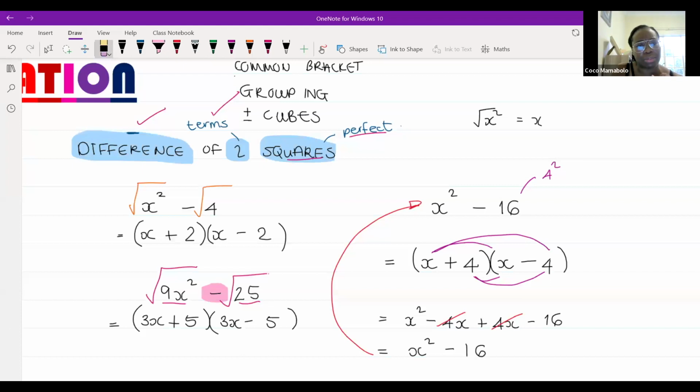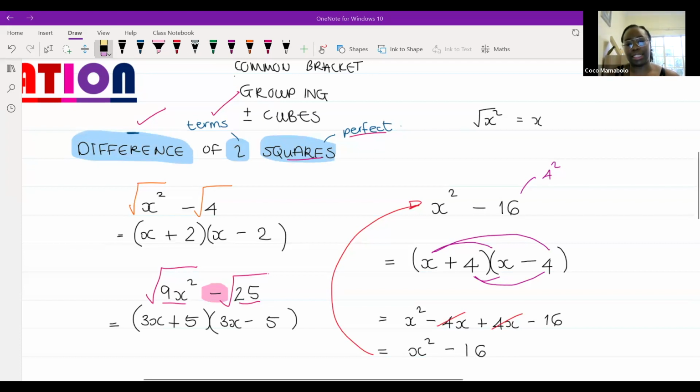Give me a thumbs up. Does that make sense? Are we all okay with that idea? Is everyone okay here? Excellent. So we must remember, simplify is us going forward and factorization is us going backwards.